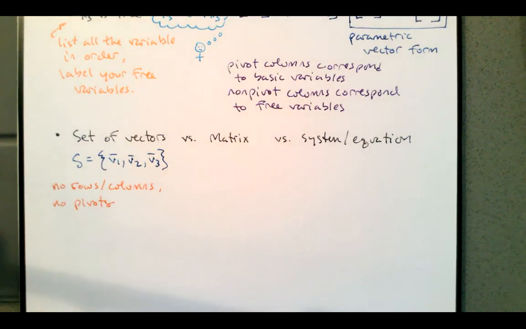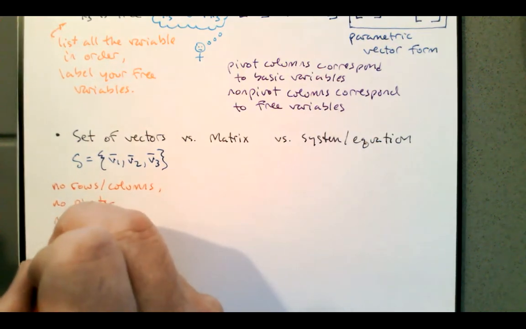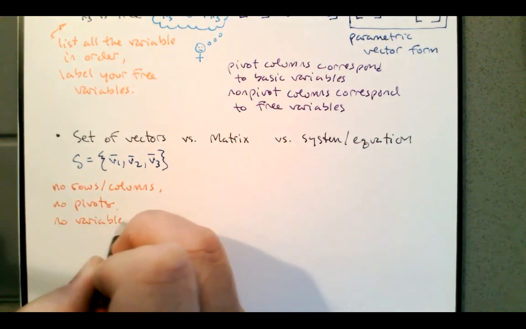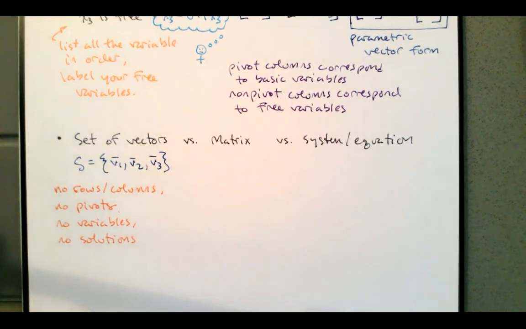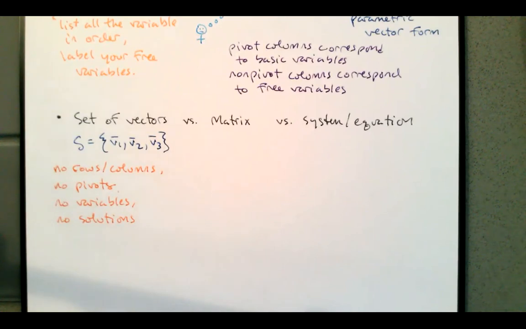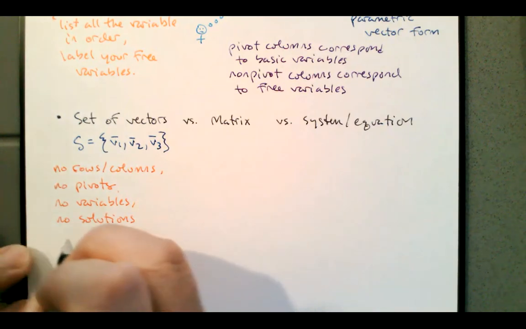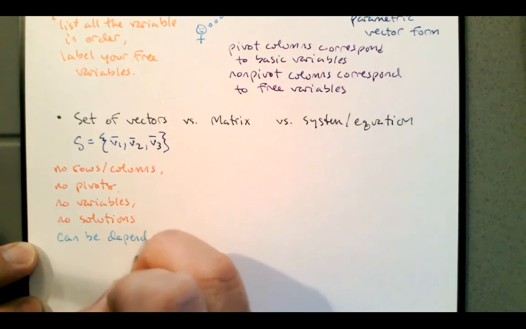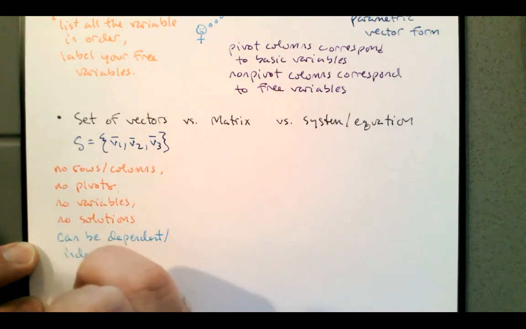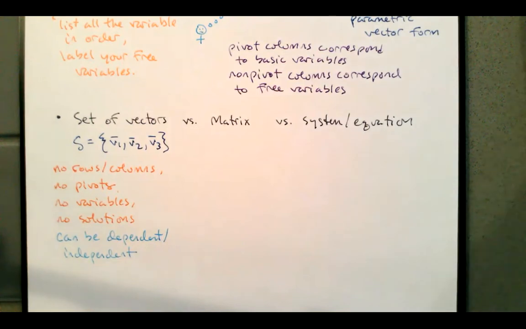It's just a set of vectors. It can be dependent or independent. So a set of vectors can be dependent or independent.